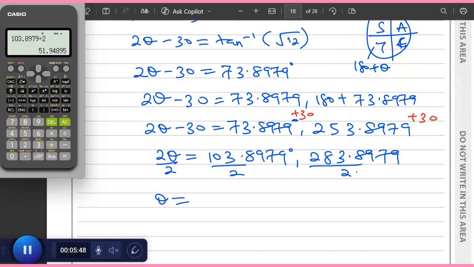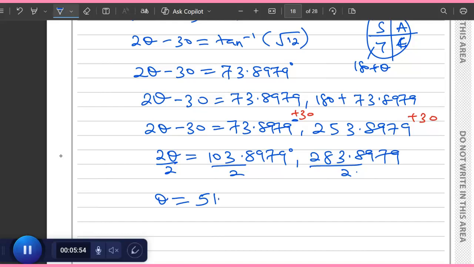This gives you 51.9489, but we can express it to one decimal place, that is 51.9 degrees.